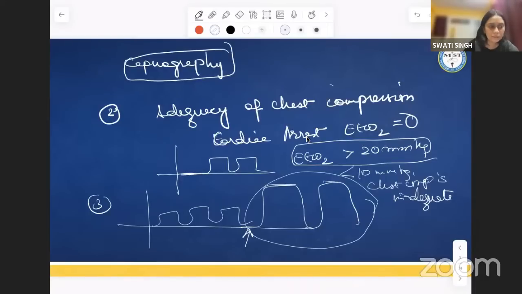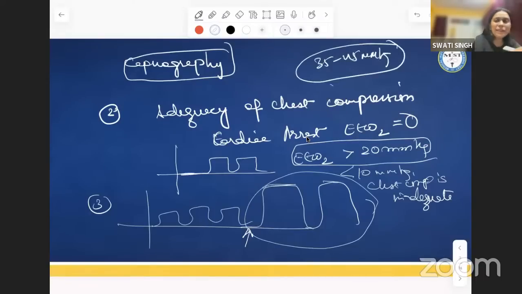Can anyone write? Danish? Jaya, anyone, please write the normal value of ETCO2 for me. Okay, I'm waiting. Wonderful, Wasim. It is 35 to 45 mm of Hg. So this is 35 to 45 mm of Hg.